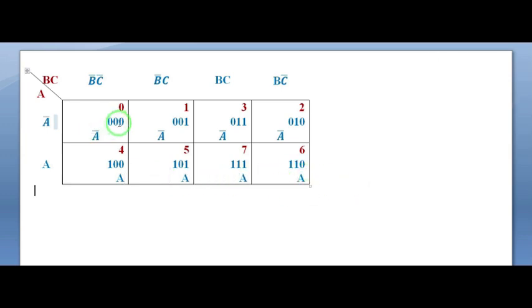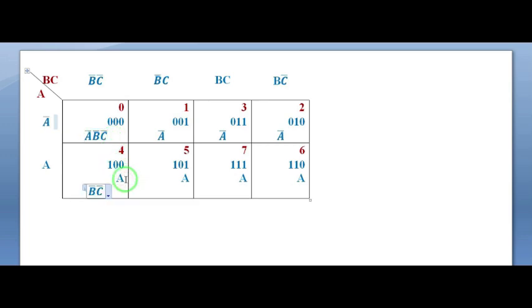Then going for column number 1, every cell of column number 1 is going to have a double 0. Those are the values of variables b and c. So 0 means complement of the variable. Therefore every cell of column number 1 you have to write b bar c bar.